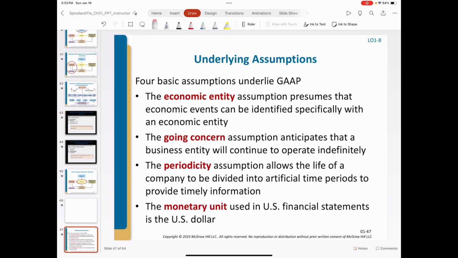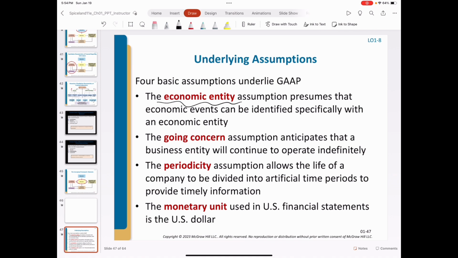There are four basic assumptions underlying US GAAP. You may not notice them if we do not mention them in the conceptual framework. The first one is economic entity. This assumption states that a business is considered a separate and distinct entity from its owners or any other entities. For example, if you buy the stock of Alphabet, you are the shareholder of Alphabet or Google.